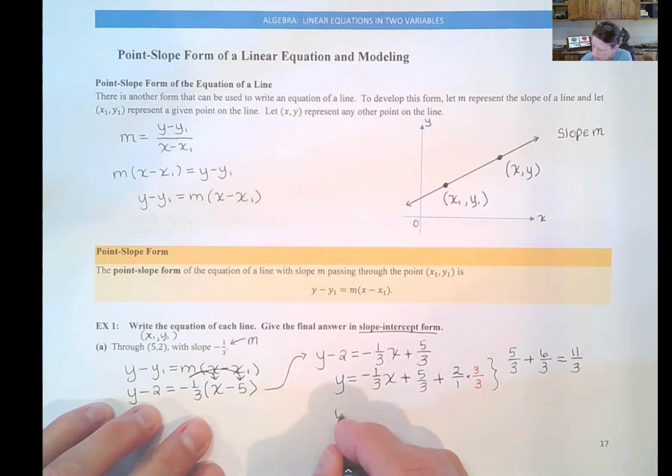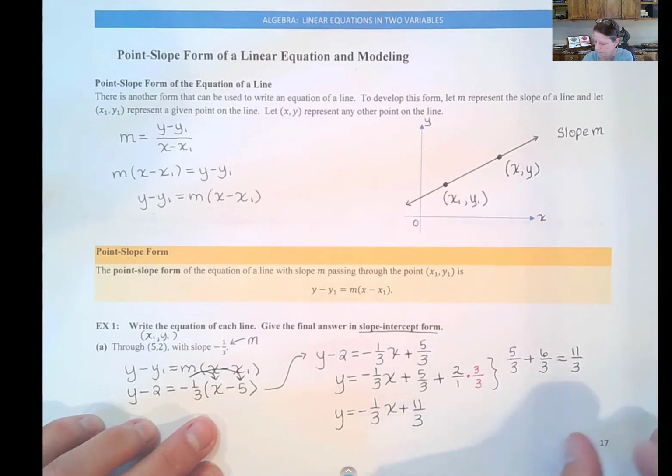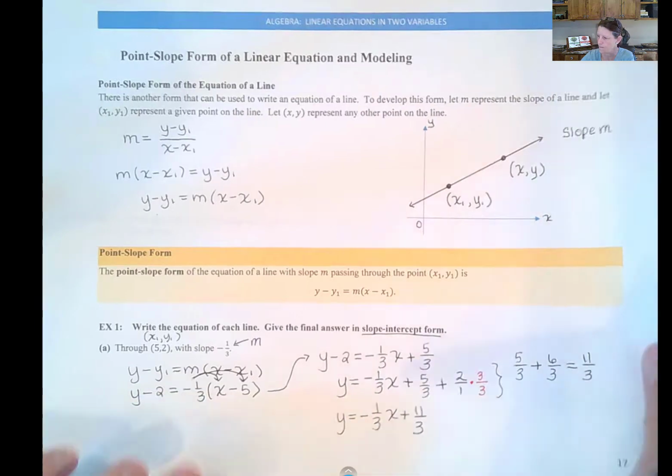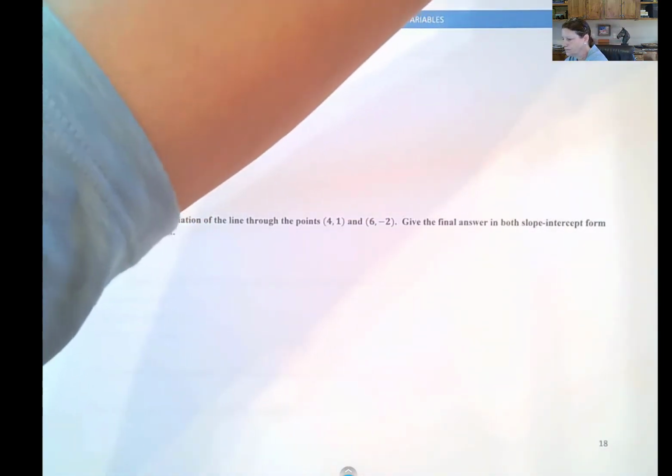So our final answer in slope-intercept form, we write y equals negative 1/3 x plus 11/3. Slope-intercept form, you solve for y. Let's take a look at another problem.